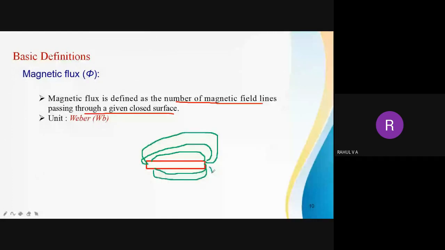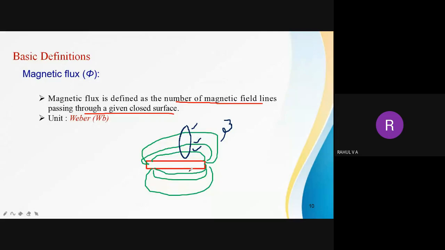If you assume a closed path, the number of magnetic lines passing through this closed path is 3. So magnetic flux is defined as the number of magnetic field lines passing through a given closed surface, and its unit is Weber.